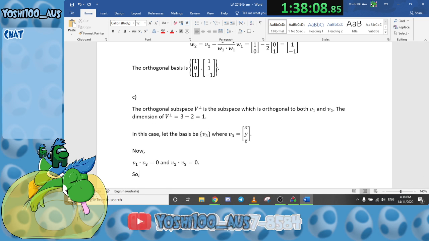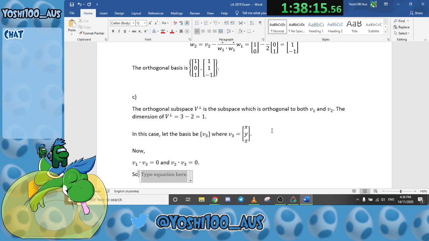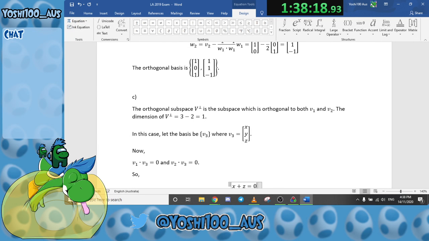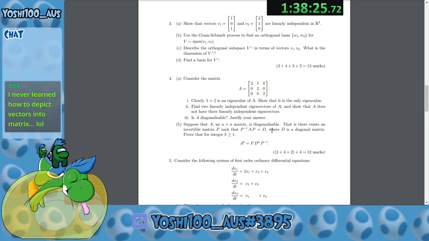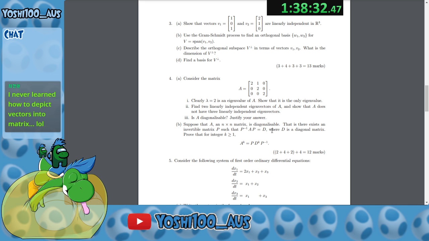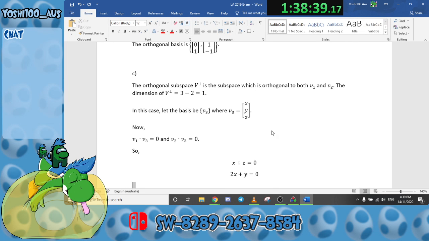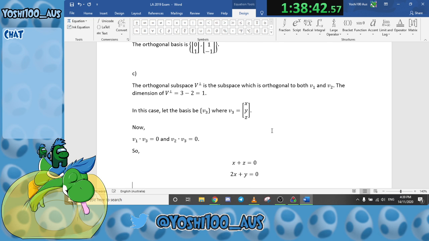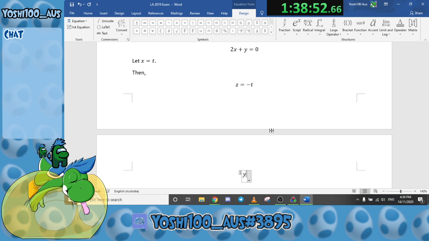So x plus z equals 0, plus y equals 0. Let x equal t, then z equals minus t, y equals minus 2t.